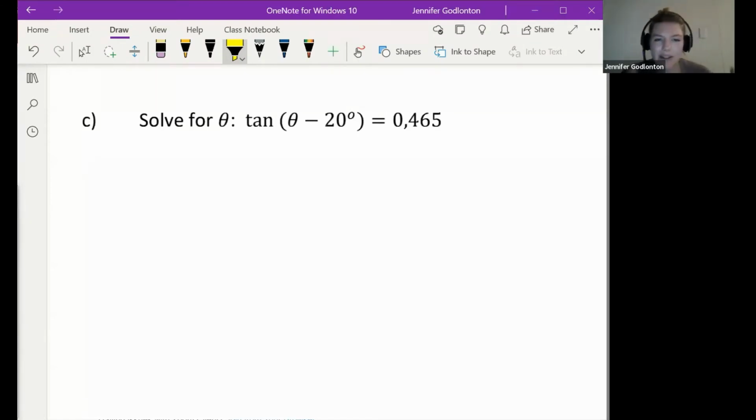So when we're having a look at this, now it's a little bit more confusing, right? Because we don't just have an angle anymore. Now we've got tan and we've got this whole bracket, but there isn't a coefficient, there isn't a denominator, there isn't anything underneath, and there isn't anything plus or minus. So we don't care what's going on.